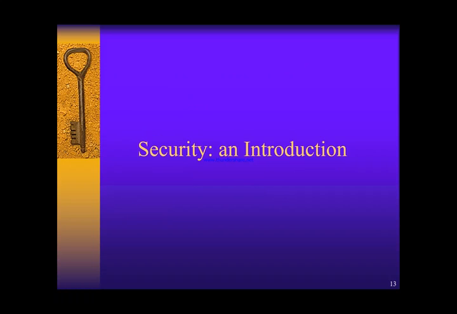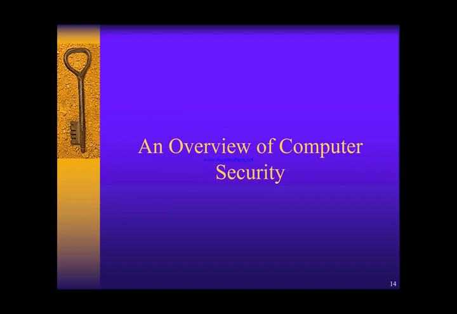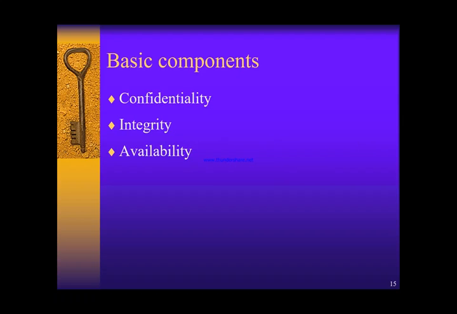So based on this, first, what is meant by introduction for this security? An overview of computer security. The basic components of computer security are confidentiality, integrity, availability. Throughout the course we are going to discuss these three things: confidentiality, integrity, and availability.